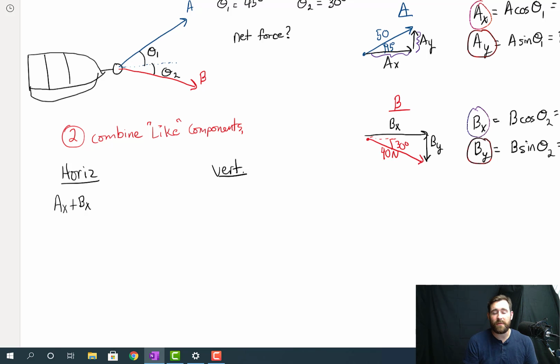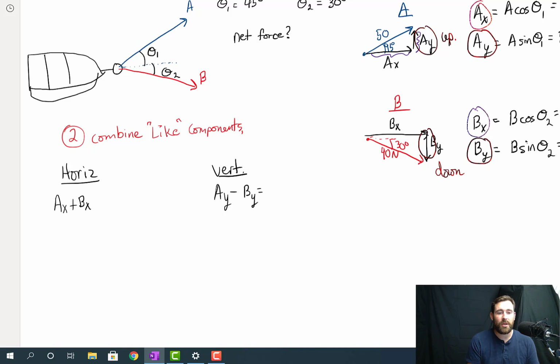Look at the directions on my pictures here. BY is pointing down. AY is pointing up. Those are opposites, so one of them has to be negative. I'm going to go ahead and make my down one negative. So here under vertical, I'm going to say that AY is minus BY.